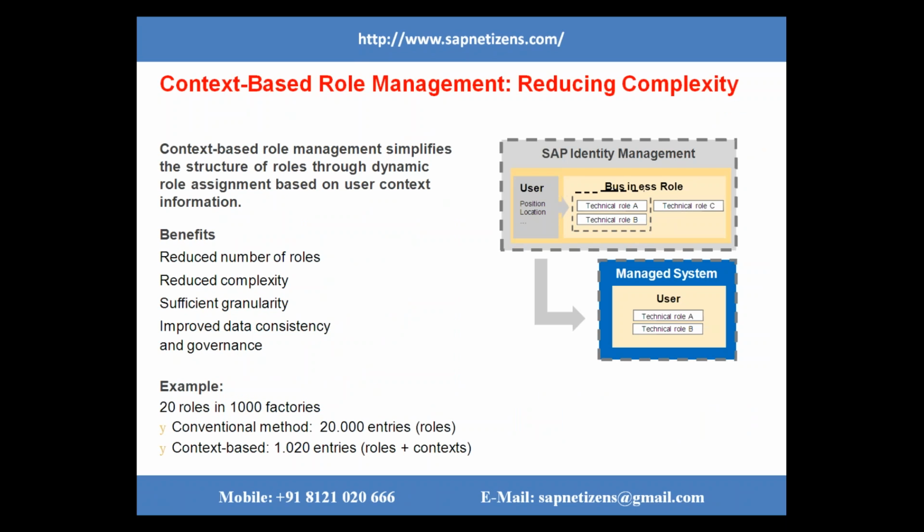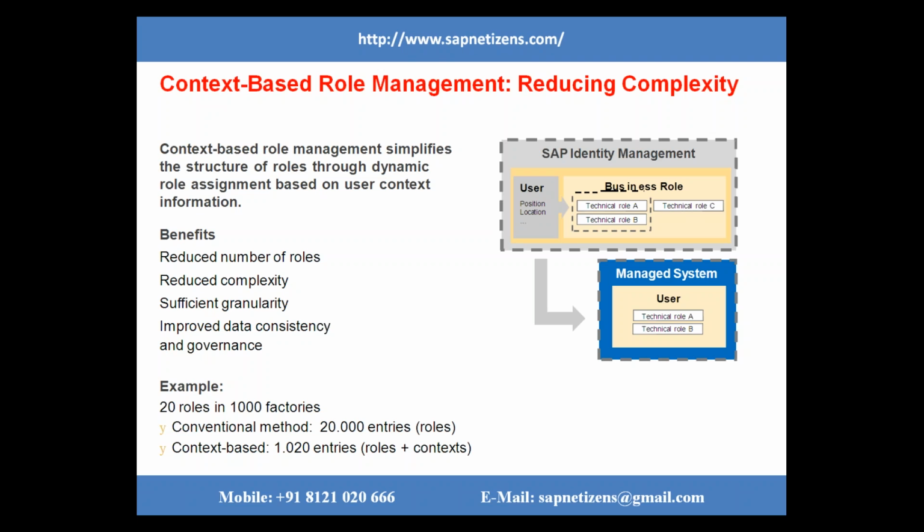Next is context-based role management, reducing complexity. Here in the diagram it is clearly shown the SAP identity management followed by the managed system. In SAP identity management, you have a user with a position and a location and the business roles, and the managed system is embedded with a user.